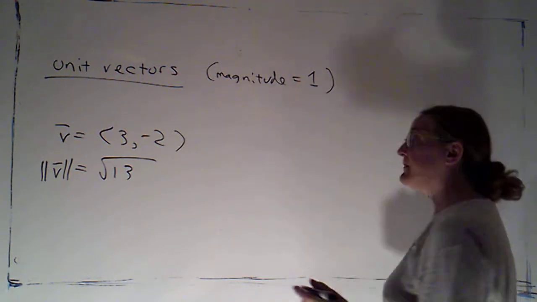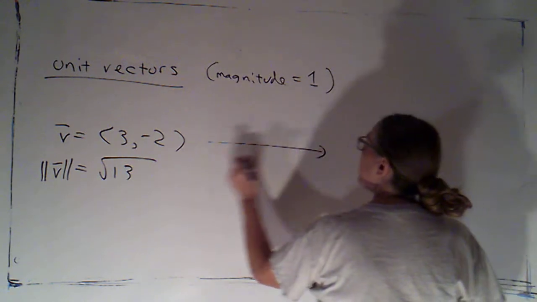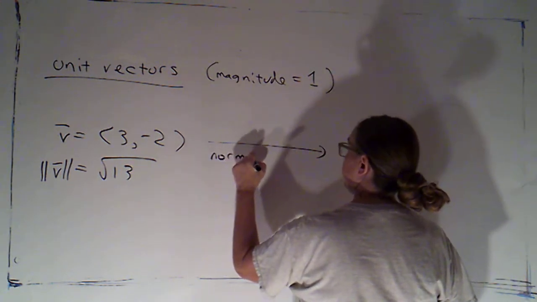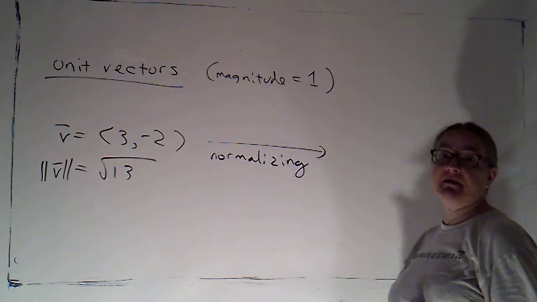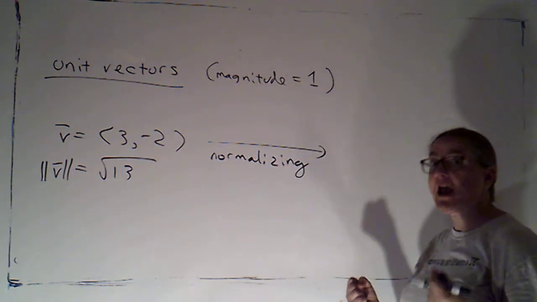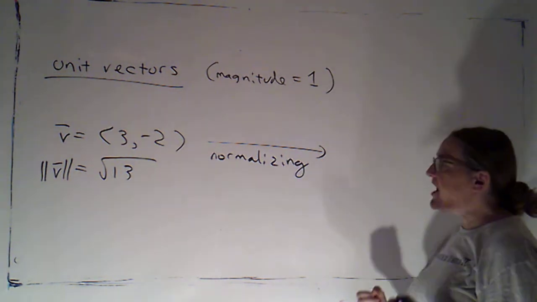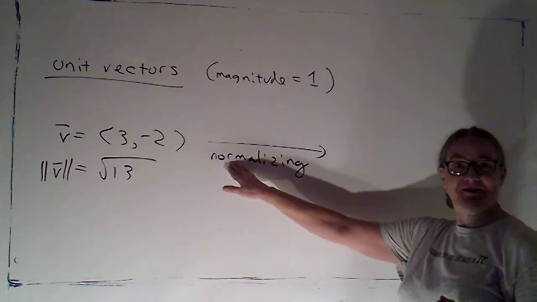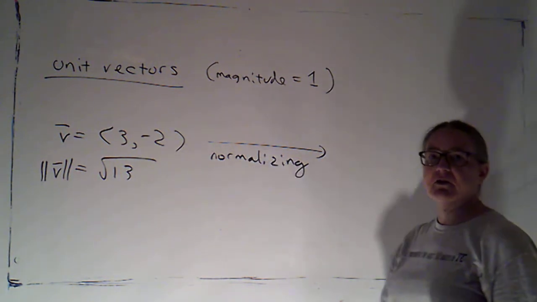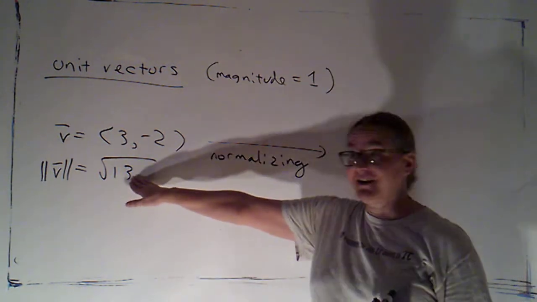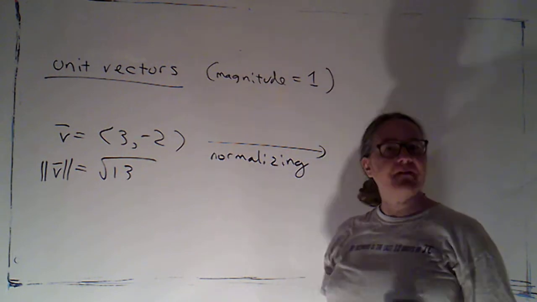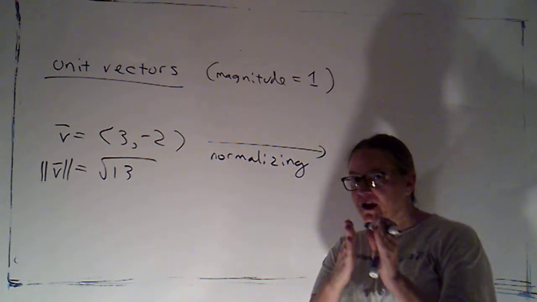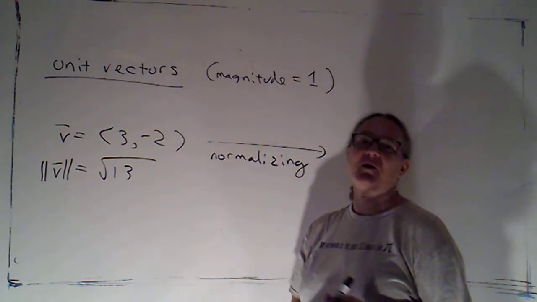The process of doing that is called normalizing. So when we normalize a vector, we preserve the direction, but we change the norm, or the magnitude, to make it a unit vector. So if it was too long, which it is in this case, I'm going to shrink it to make its length 1. If I have a vector that's shorter than 1, I would stretch it to make it 1.